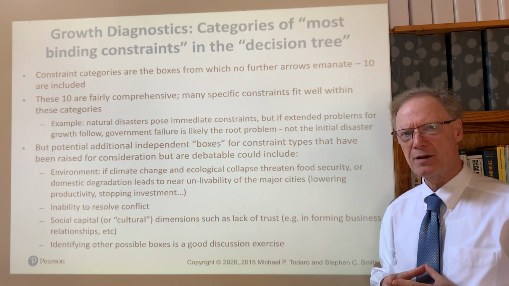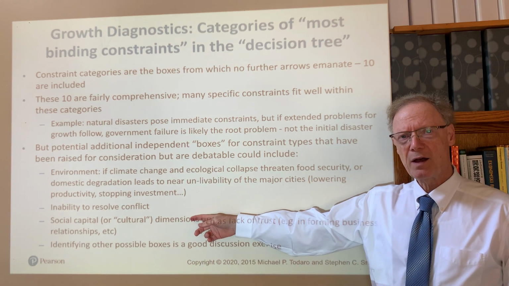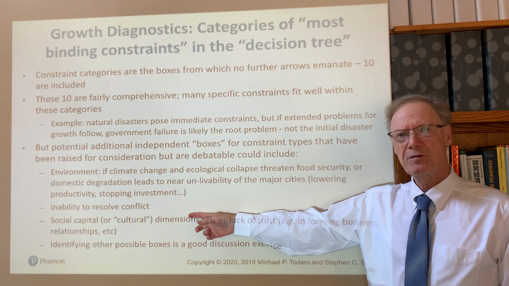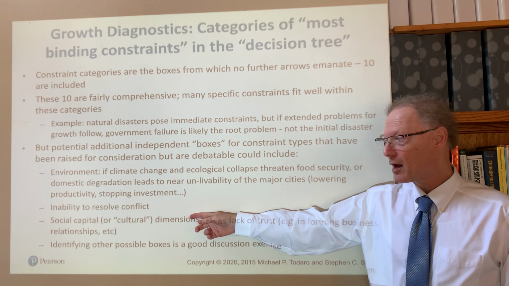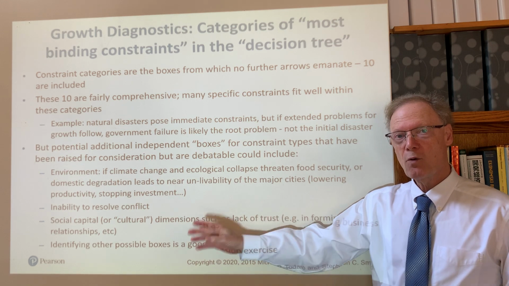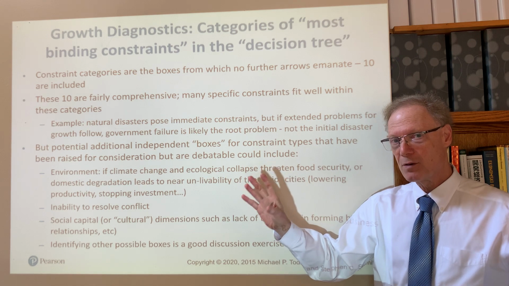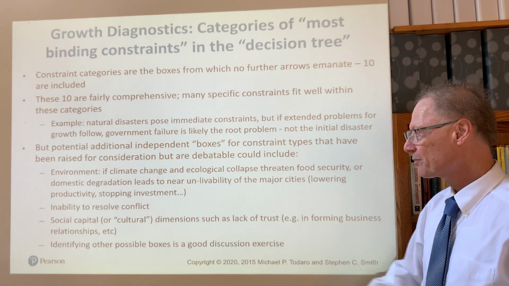Inability to resolve conflict, whether violent conflict or not. This might be a separate box. It reasonably can be understood as a failure of institutions, but maybe it involves a special case. Now, whether that means another box or a special category among the micro failures and so on, that is a matter for debate and interpretation.